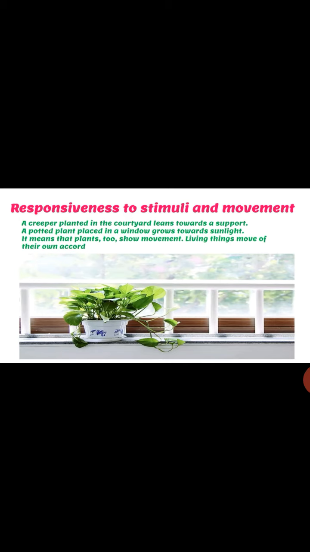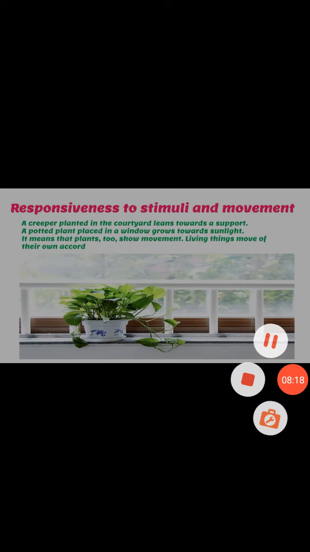It means that plants too move. Plants too show movement. Living things move of their own accord. As you can see in the picture, creeper plants move of their own accord. If they need food, they move their face towards the sunlight. See, sunlight on that plant.